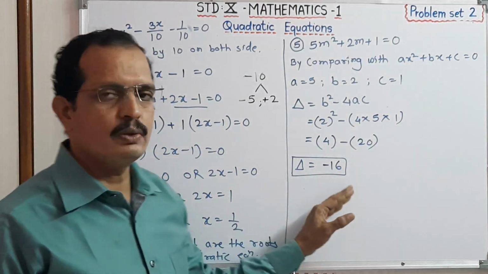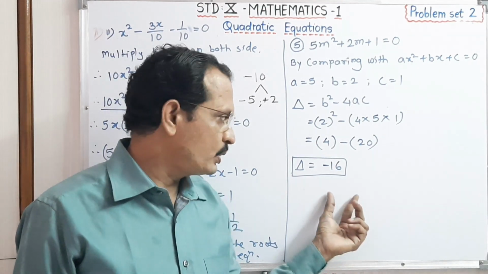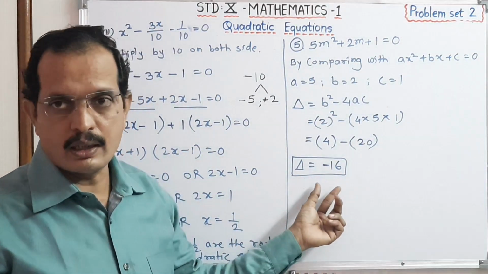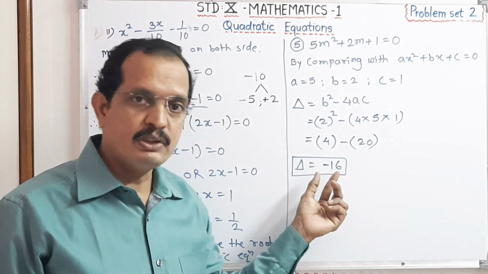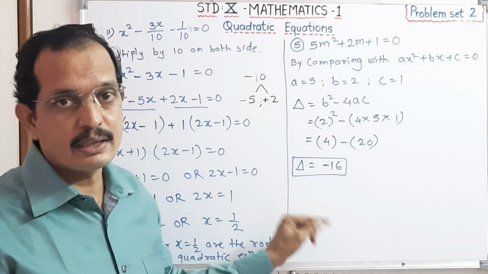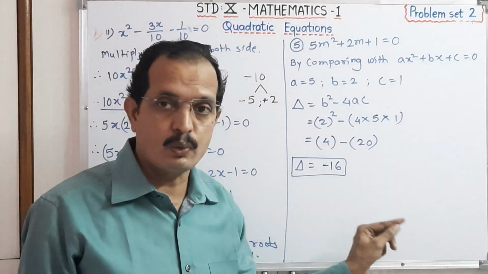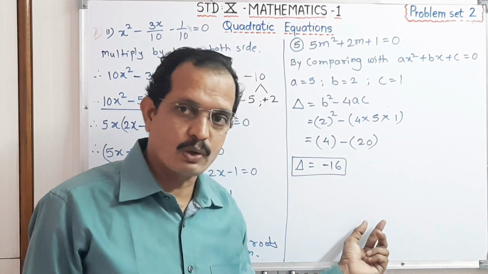Now we have to use the formula. Before that, be careful here, the value of delta is minus 16. That means the value of delta is less than 0, and when it is less than 0, then the equation does not have real roots. Therefore we do not have to solve further.